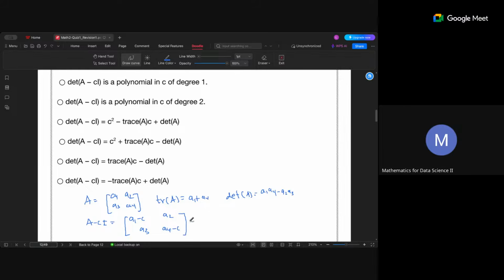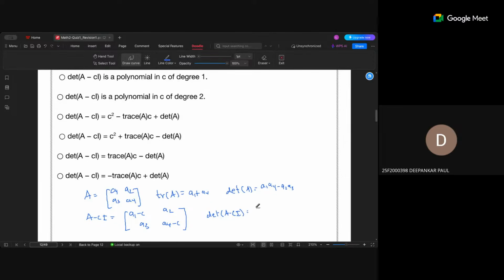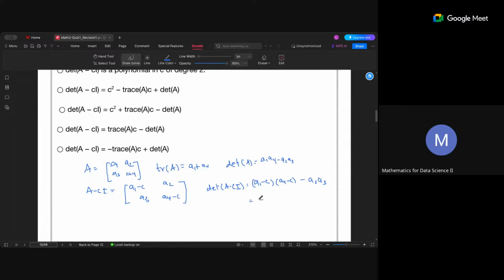Now what is the determinant of this matrix? A1 minus C multiplied by A4 minus C, minus A2 A3. Let's rewrite this. This gives us C square minus A1 plus A4 times C, plus A1 A4 minus A2 A3.